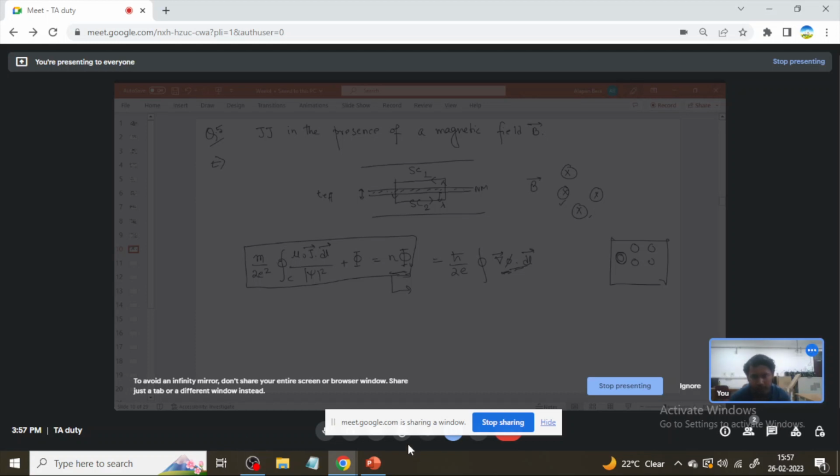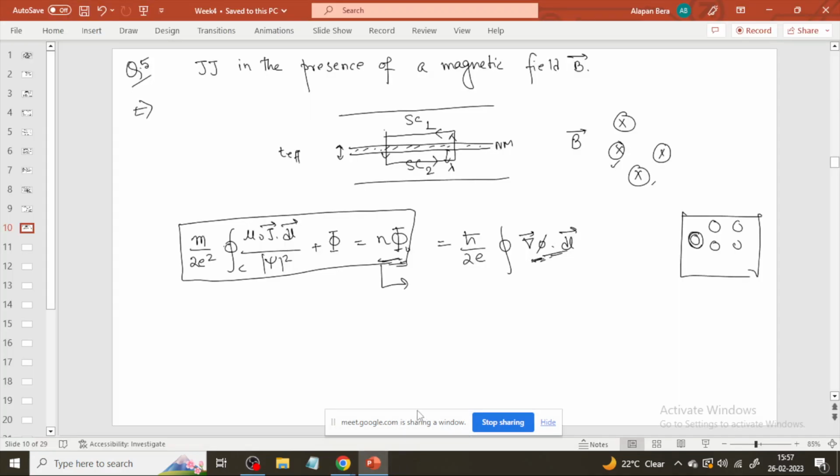Okay, so the width of this normal metal region is given by this value t effective, and let's say our path is drawn in such a way that it is a certain distance lambda away from this normal metal. So the distance between this path and this normal metal region is lambda, so that the magnetic field that is present in the normal metal cannot reach here.